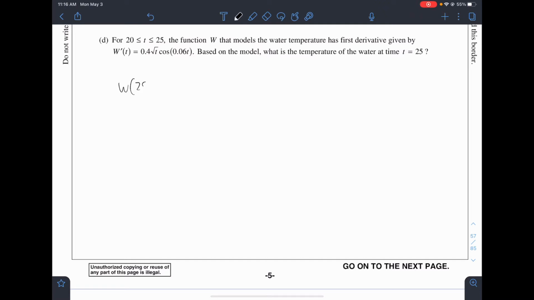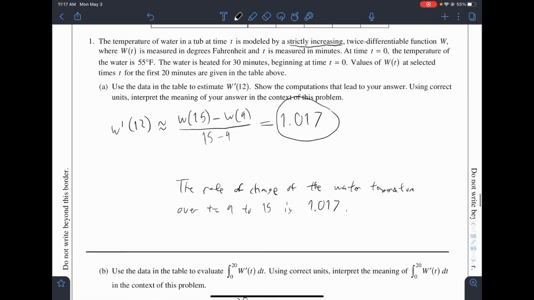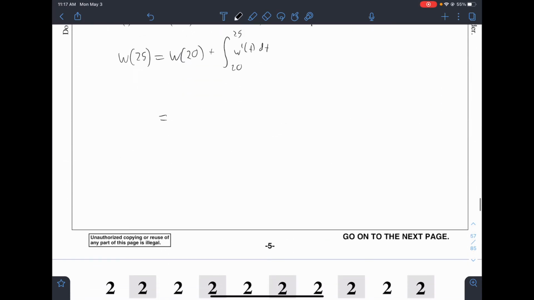W of 25, that's what we're trying to find. This will equal W of 20, because we know that from the table, plus the integral from 20 to 25 of W prime of t dt, which we can figure out because we have the function of W prime of t. So W of 20, that's going to be 71.